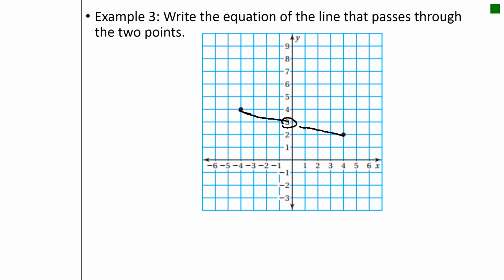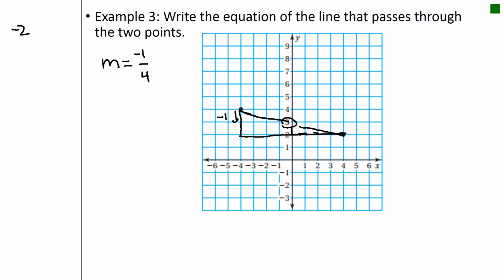By the way, let's find that slope. It looks like I went down 1, so there's a -1, and over 4. And I'm going to go down 1 again, and then over 1, 2, 3, 4. So the slope is down 1 over 4, and we can check it by the larger triangle, down 2 and over 8.